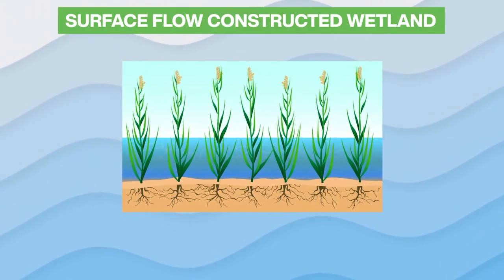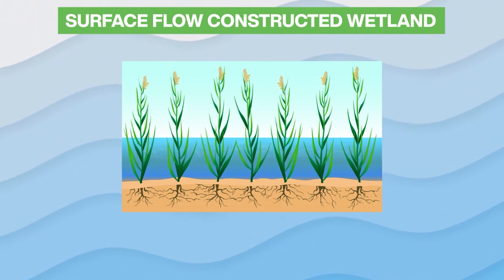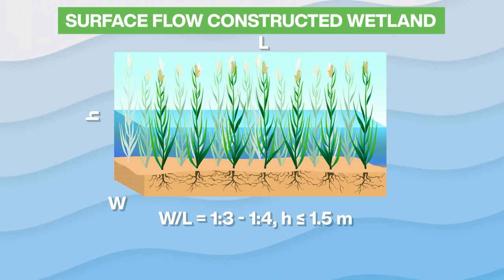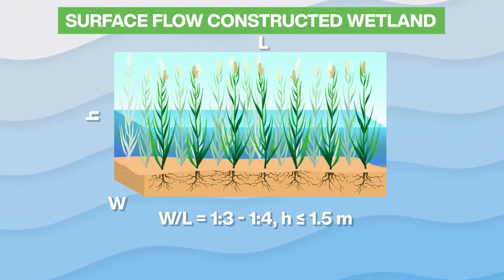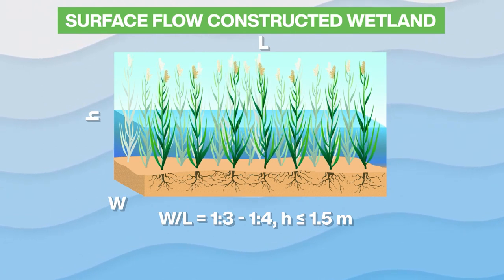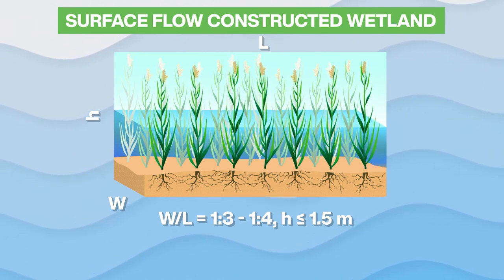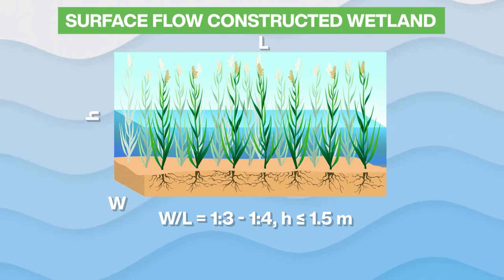Surface flow constructed wetland, or free water flow constructed wetland. A surface flow constructed wetland is a rectangular flowing water basin with a depth of up to 1.5 meters and has a length to width ratio between 3:1 and 4:1.